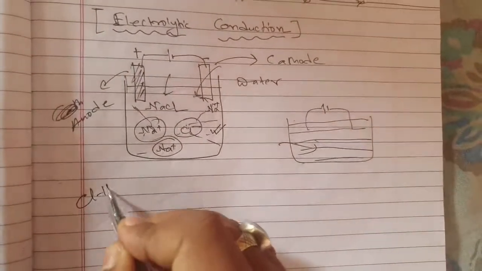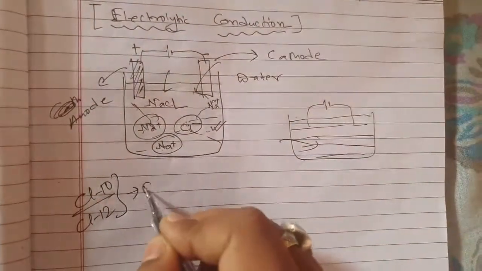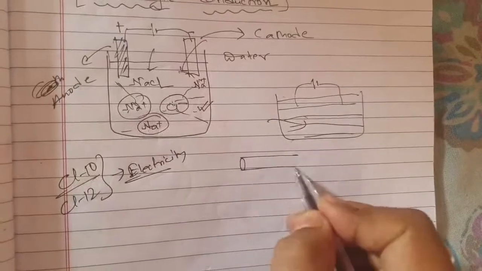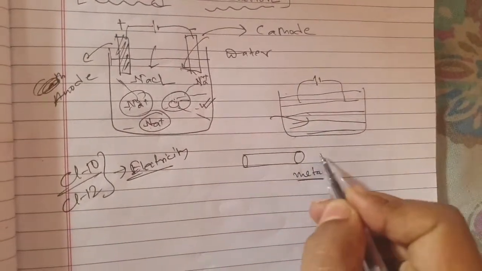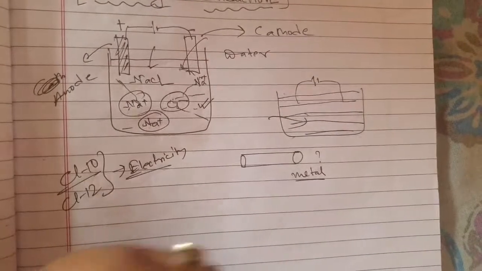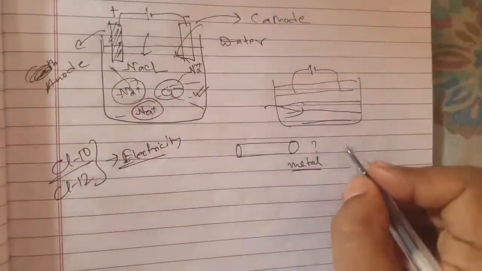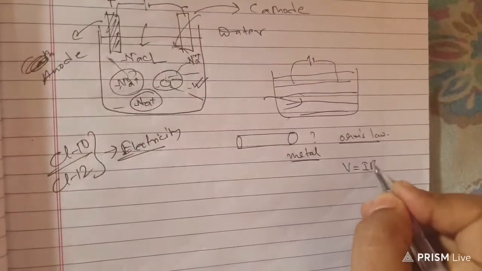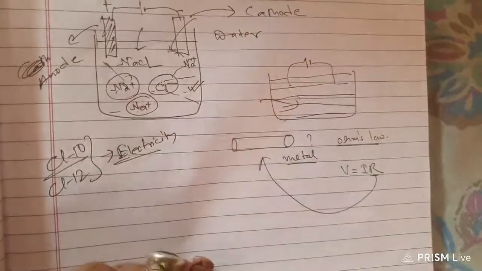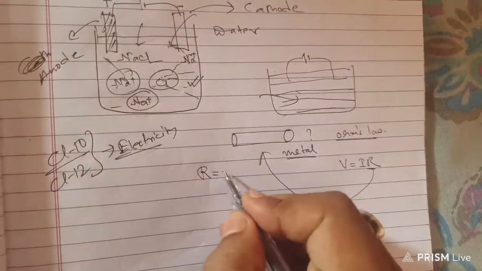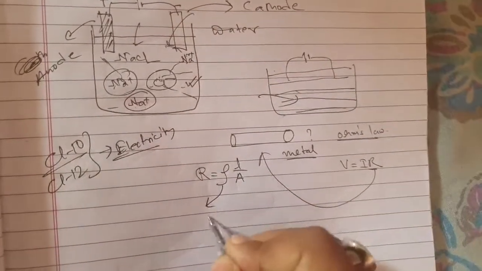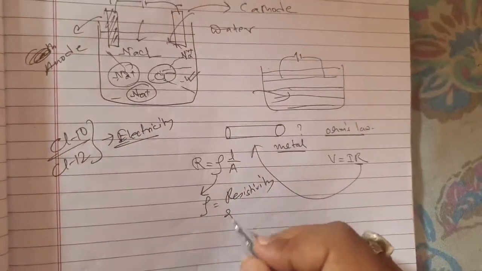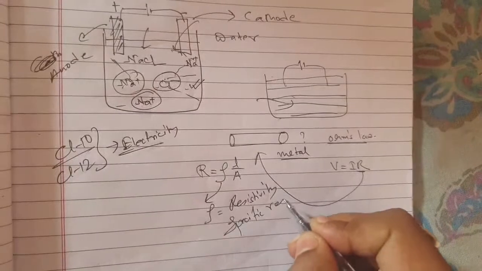In class 10 or class 12, in the chapter on electricity in physics, you must have learned about the nature of a metal, how much conductivity it has, based on maybe Ohm's law at first. Ohm's law states V = IR, where R is the resistance of the conductor. This resistance is determined by R = rho L by A, where rho is known as resistivity, and some books call it specific resistivity.